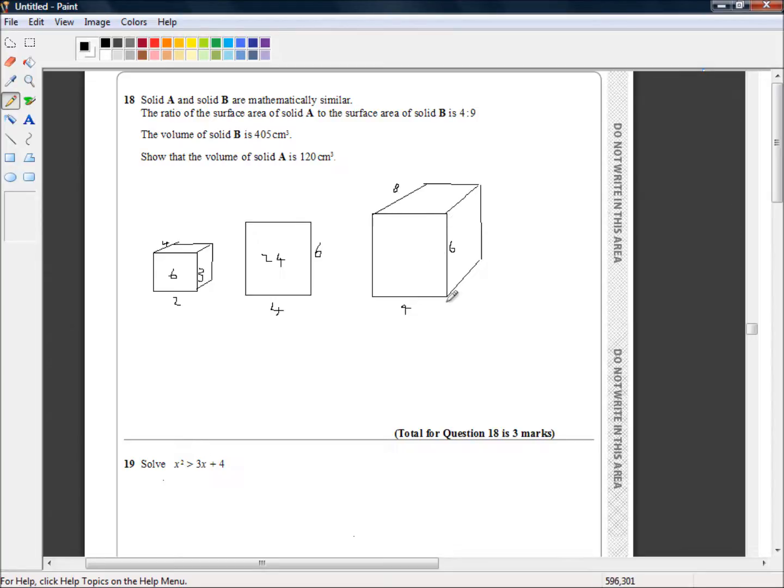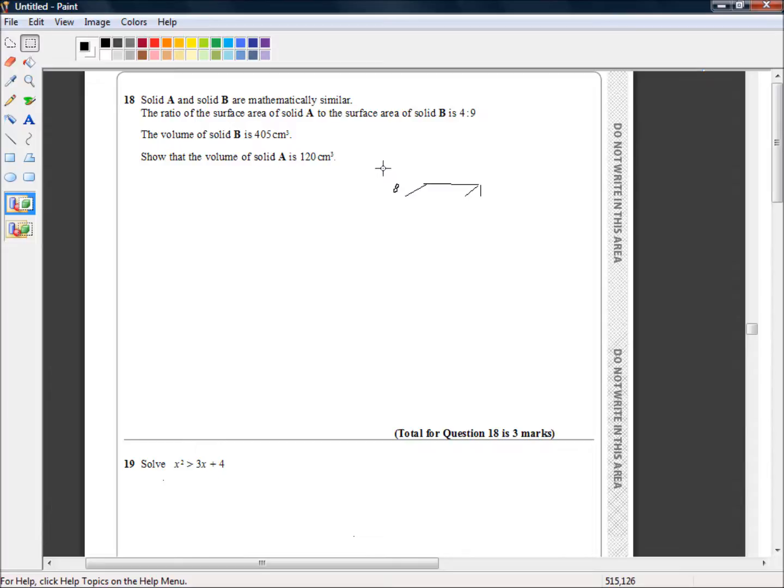We've scaled up the area by a factor of 2 times 2, or 2 squared. And we've scaled up the volume by a factor of 2 times 2 times 2, which is 2 cubed. Okay, I don't think we actually need to go through the calculations because that's just going to distract us from the actual question. But I hope that's made it clear why the ratio of the lengths is going to be the square root of 4 to the square root of 9.